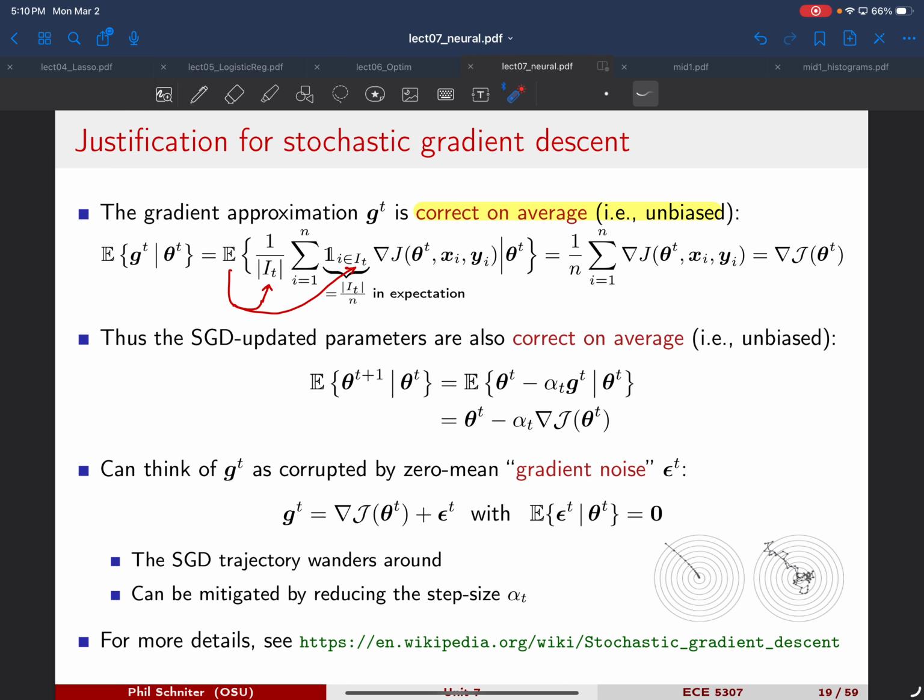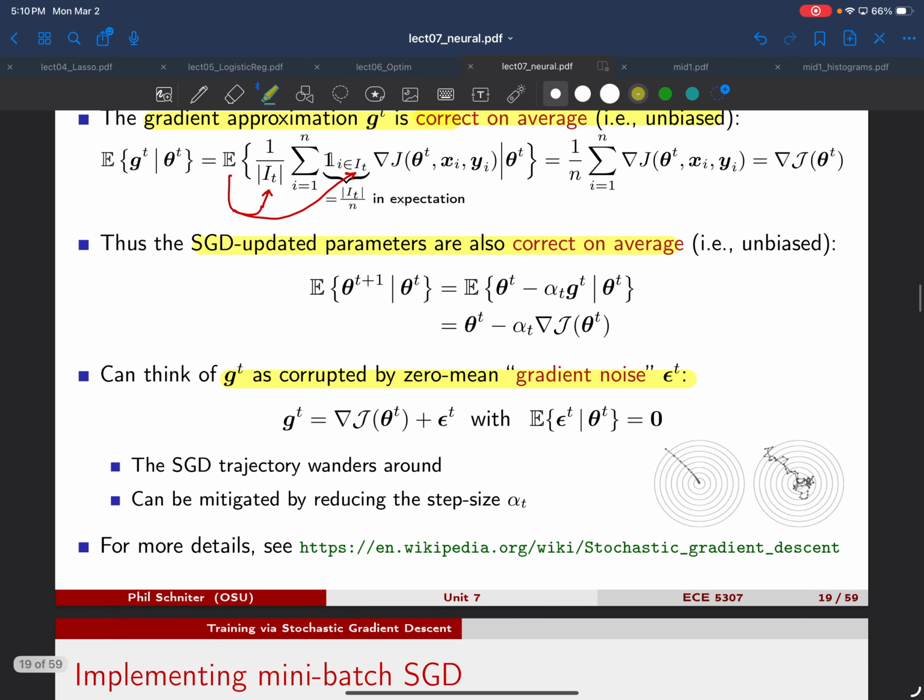Okay, so now we have that on average, the new parameters equal the ones that we would have gotten if we had used the entire data set to compute the gradient. So SGD updated parameters are correct on average. Gradient approximation is correct on average. Gradient is corrupted by a zero mean gradient noise.